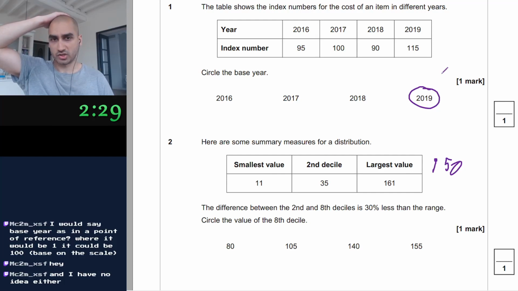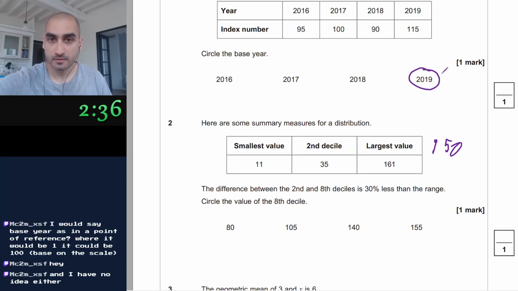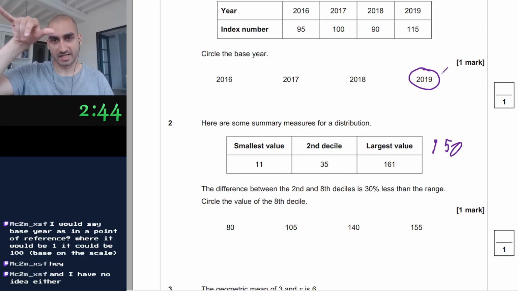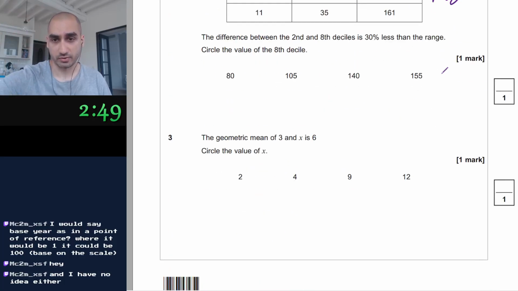Either way, surely you want like 97.5 or something. No, I don't know. Oh no, wait, not 97.5. I didn't notice there was a gap between 100 and 115. I'll go with what I put anyway.